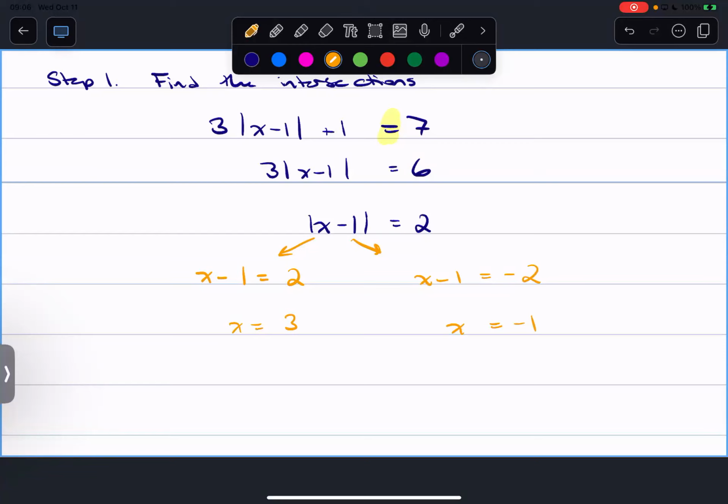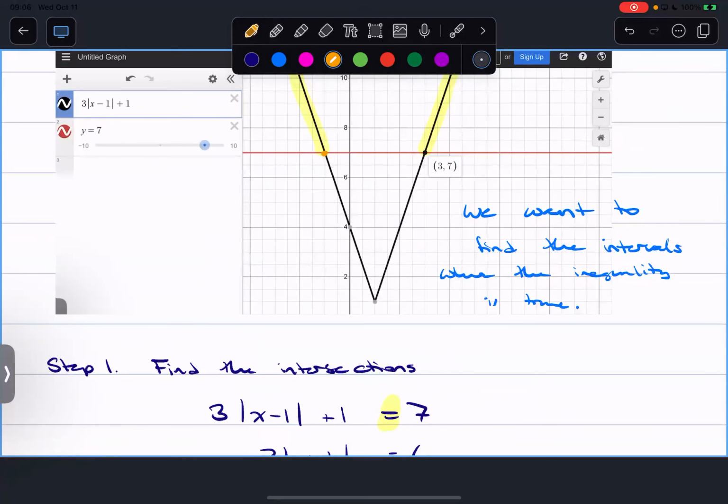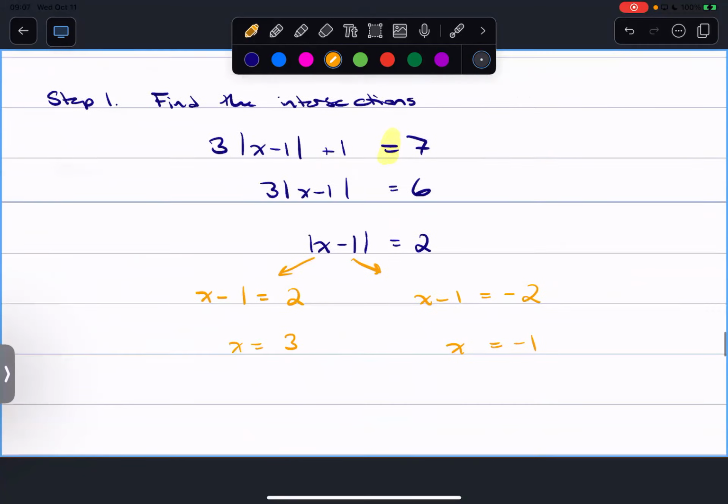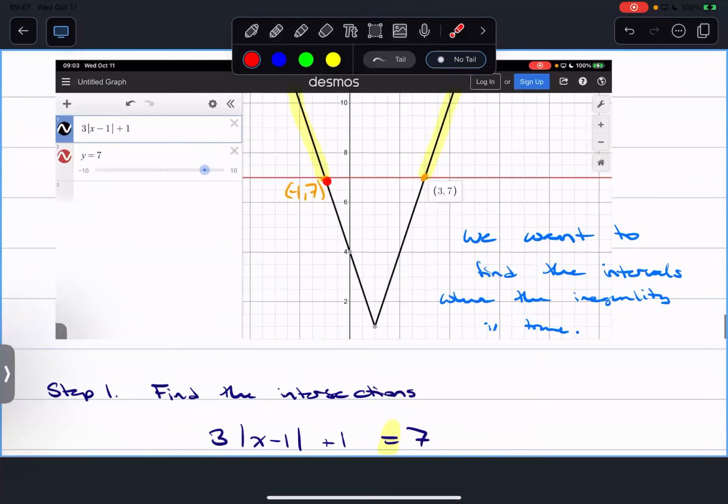We already saw that, right? This is at -1, 7, that point. So we found these points. X equal to 3 gives me an intersection, and x equal to -1 gives me an intersection.